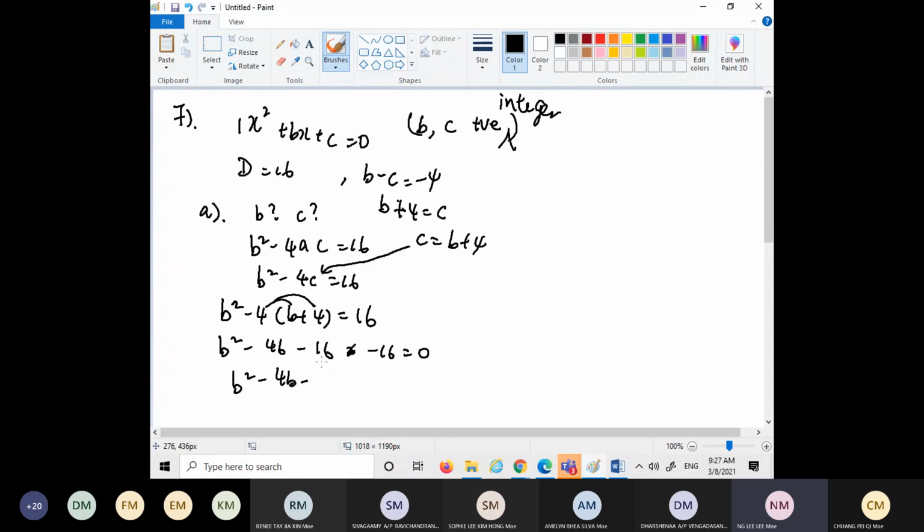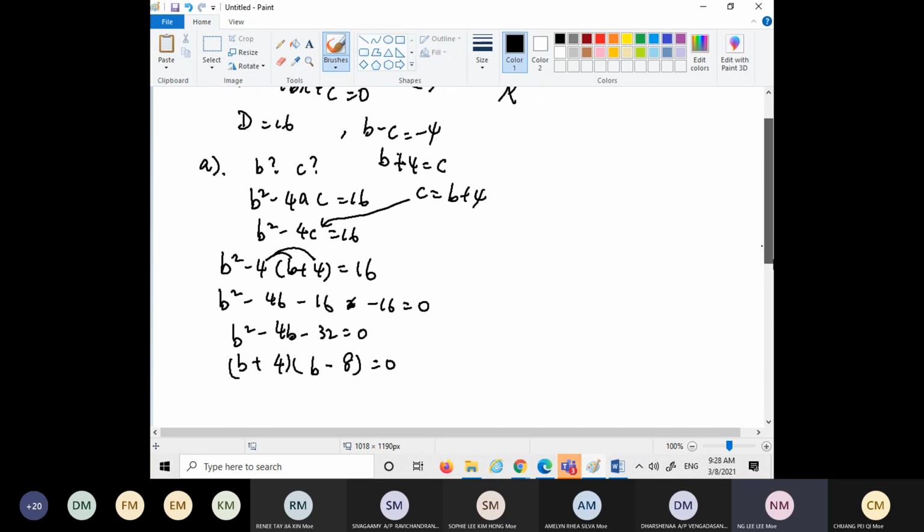Then we get 32. 32 and the 4, 4 and the 8, the bigger one is 8, minus 8 plus 4 is minus 4, correct.